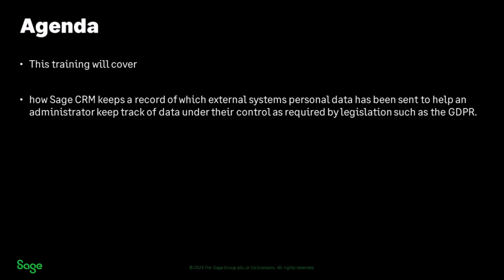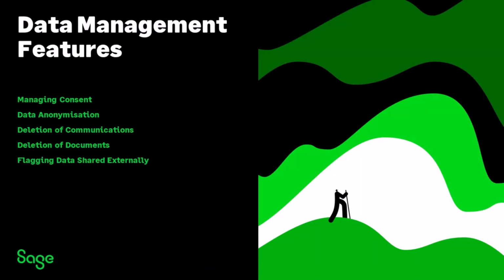So this is part of the set of training that we've been considering when it comes to the features that support system administrators in this management of personal data and their efforts to be able to ensure compliance with regulations like GDPR.